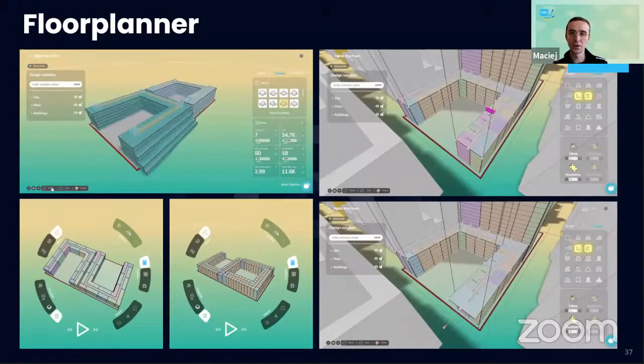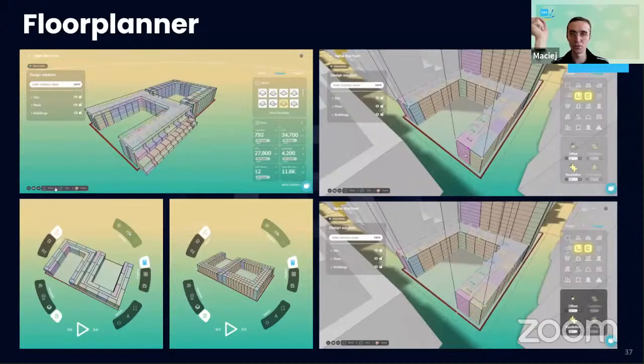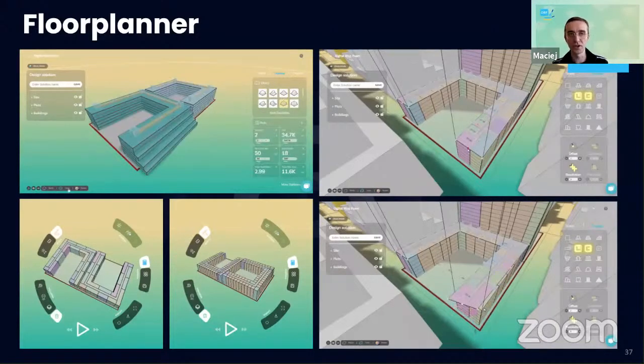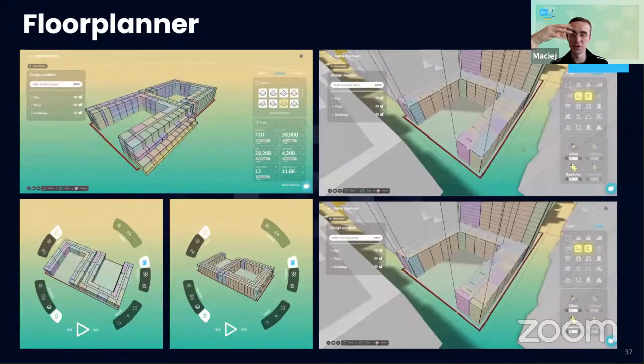The system proposes the initial subdivision of each building block, and is directly connected with information from the, let's say, higher levels of the design process. So in this case, it would be the building blocks. Of course, the system proposes some initial answers.